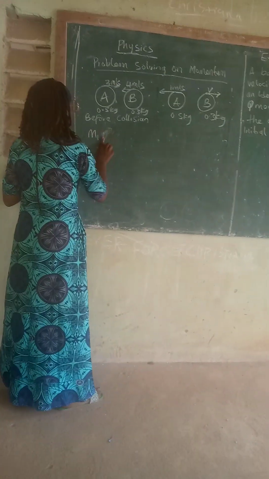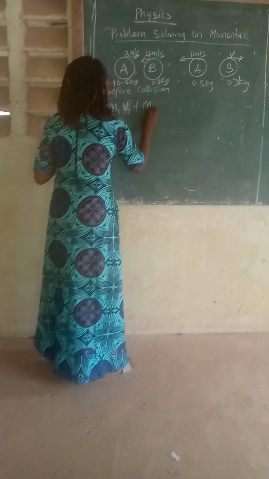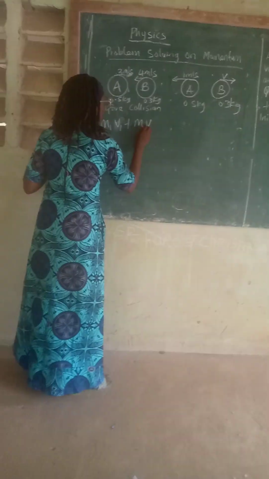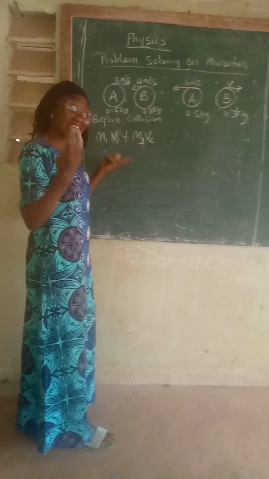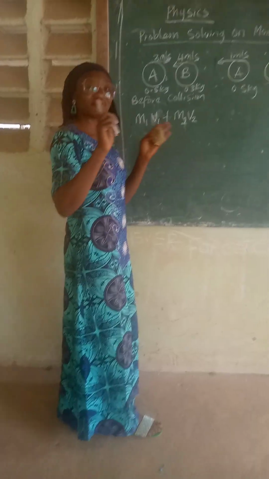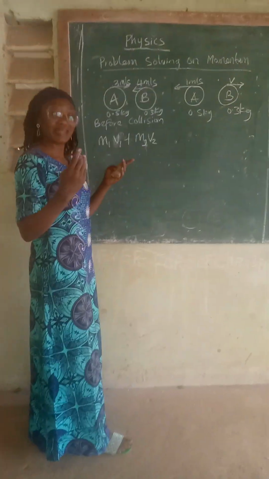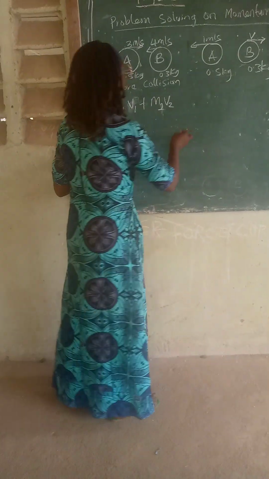If you don't like u, you can use v. M1 V1 plus M2 V2. I'm trying not to make the mistake I made in the last video, swapping V1 for V2. It's a very serious mistake. Please try as much as you can not to make those mistakes.